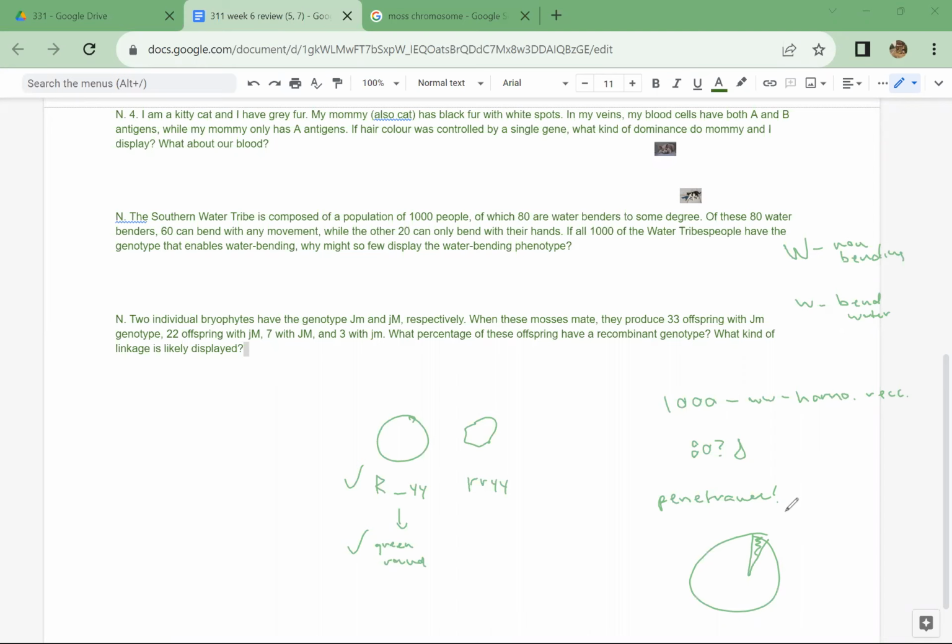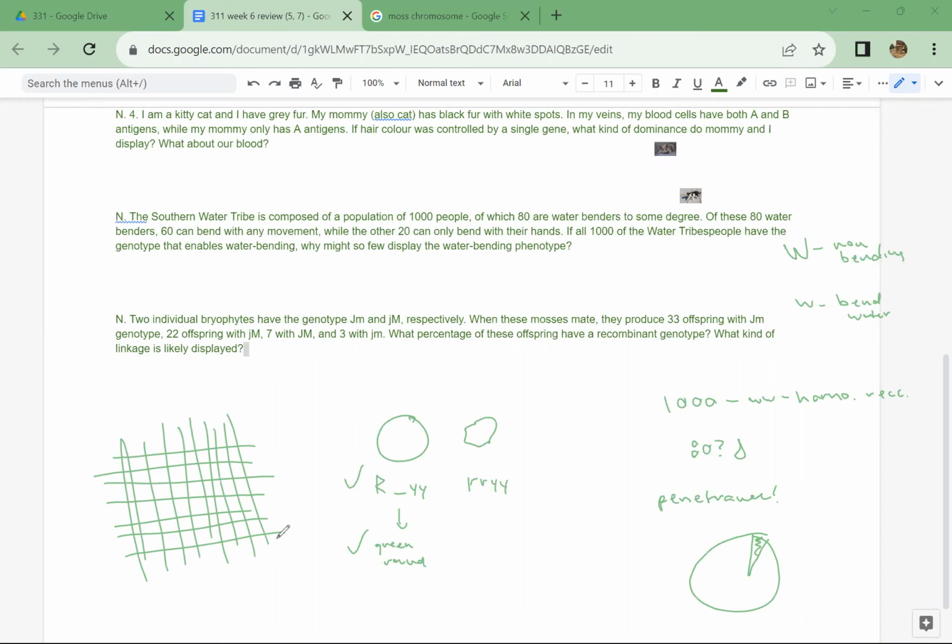The way I think of penetrance, going along with the water example, is that you have a population. You have a cloth that is made up of, let's say, 1,000 fibers. You have a 1,000 thread count cloth.